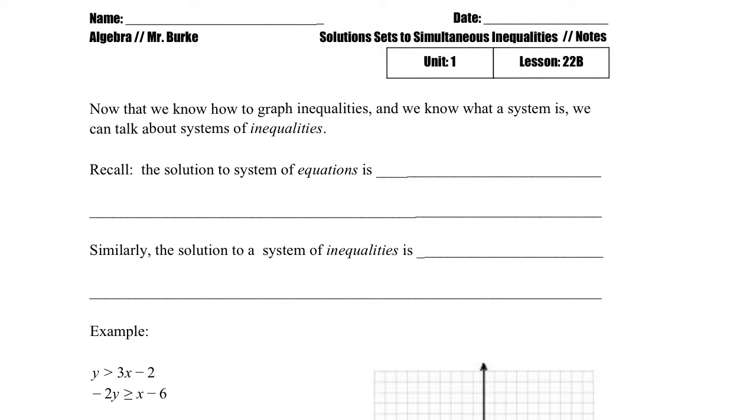Recall that the solution to a system of equations is the value of the variables which makes both equations true. And we found that by graphing both solutions and then seeing where they intersect.